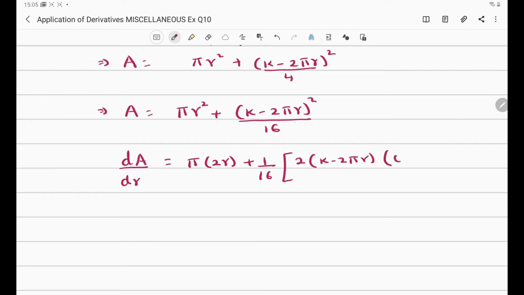The derivative of k is 0, minus 2 pi into the derivative of r, which is 1. So we get minus 2 pi into 1. This on simplification we get 2 pi r plus 1 by 16 into minus 2 pi into 2, which is minus 4 pi, into k minus 2 pi r.